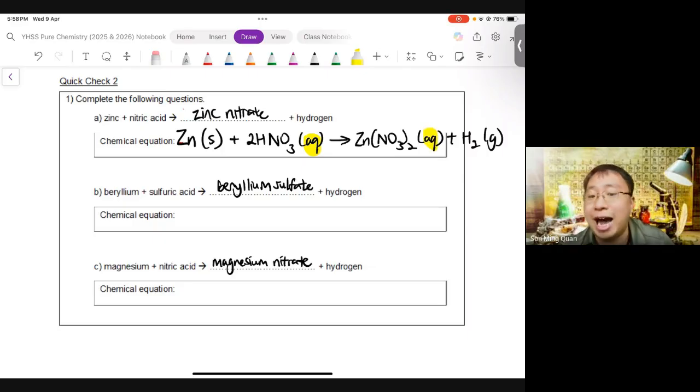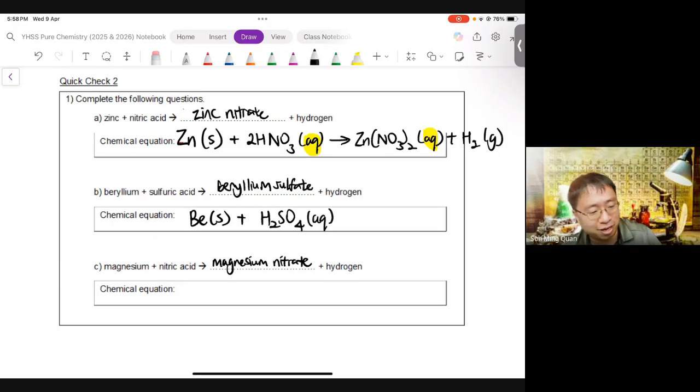And finally, hydrogen is a gas, hydrogen gas. Next, beryllium. Beryllium is also a solid. Sulfuric acid is H2SO4 aqueous. Beryllium sulfate is BeSO4 aqueous plus H2 gas. Finally, magnesium plus nitric acid.